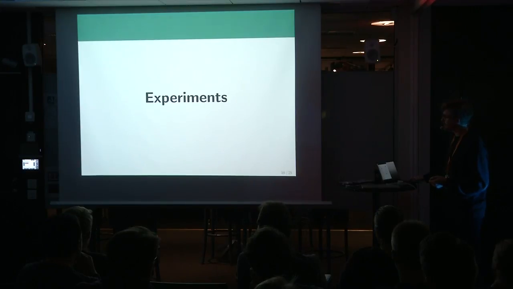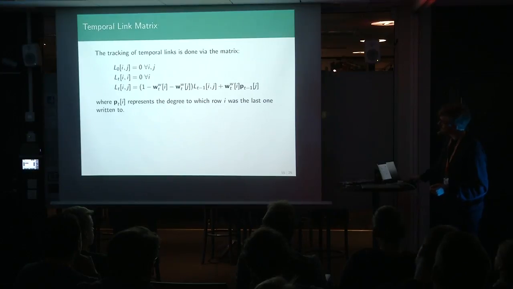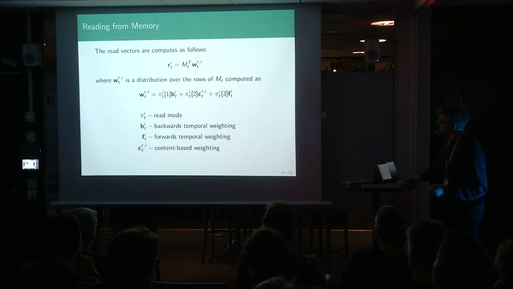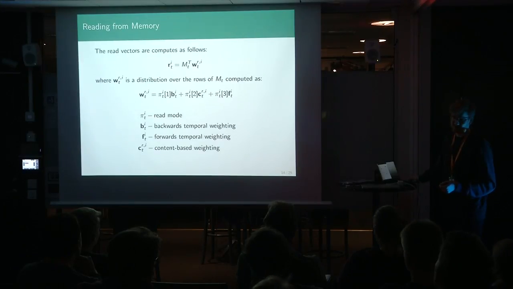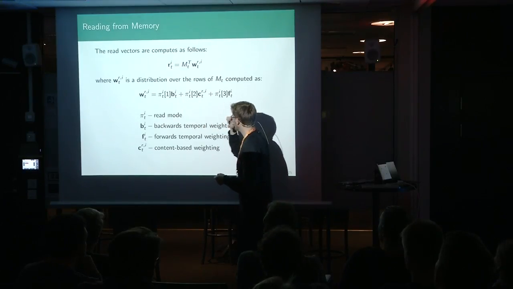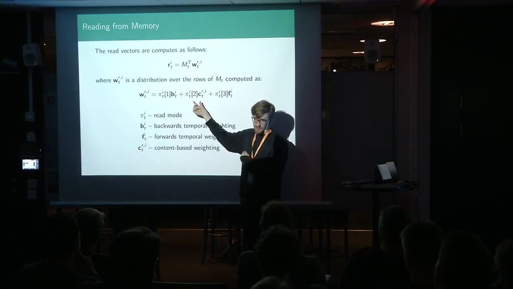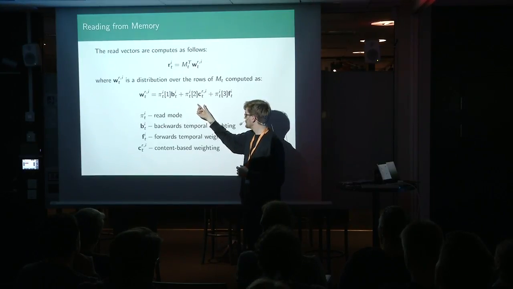Okay, so now I at least have defined everything that we need for reading from the memory. And yeah, what we need are these three things. The content-based weighting is the same as for the writing part.